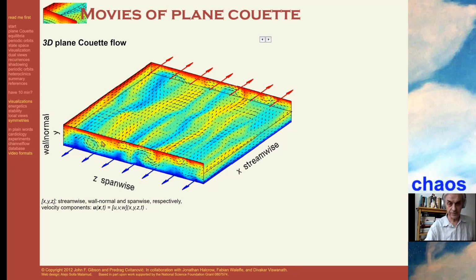There's some kind of rolls and streaks and things that wiggle, etc. And they're turbulent in the sense that if you just sit here as a graduate student and wait 10 hours, you'll never see the same thing twice, just like when you look at the clouds.